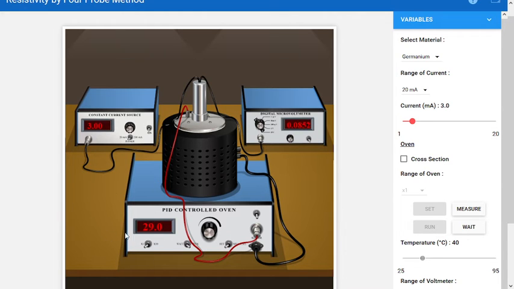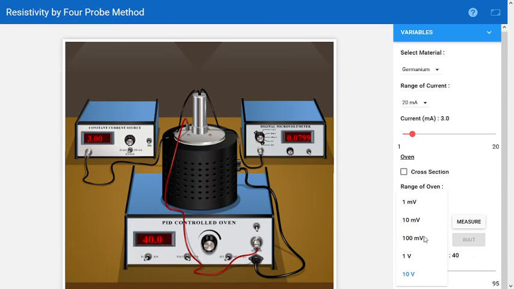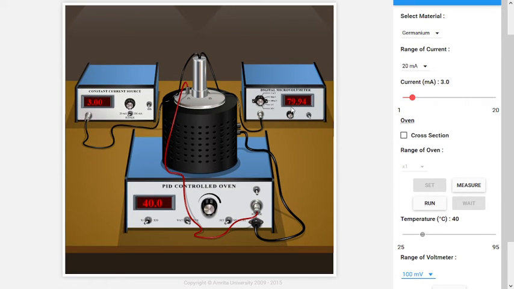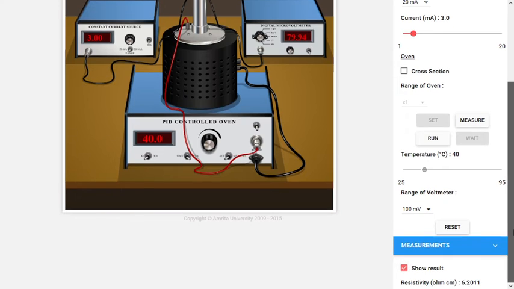So the temperature will slowly start increasing from 25 degrees Celsius up to 40 degrees Celsius, and you can observe the changes here, and then we will have to wait till it reaches 40. So the final reading, with the range of the voltmeter as 100 millivolt, is 79.94, and the resistivity is this.